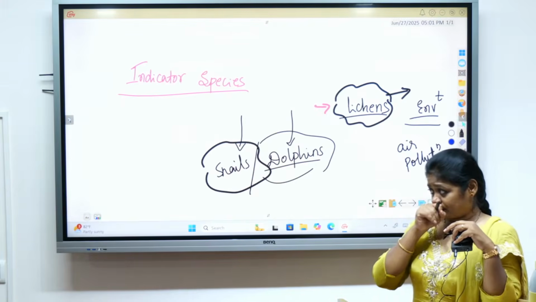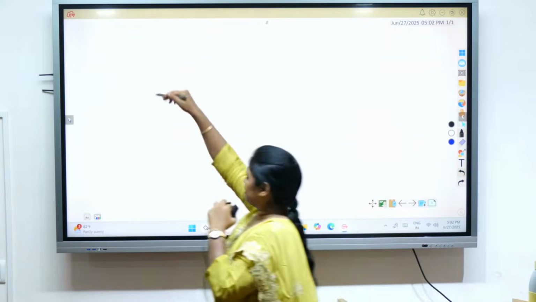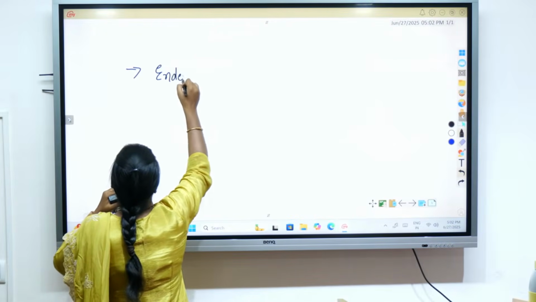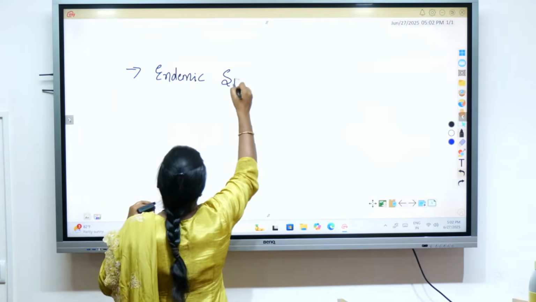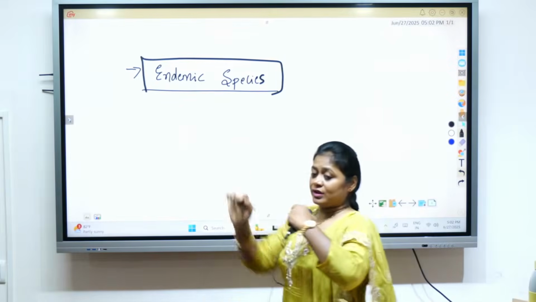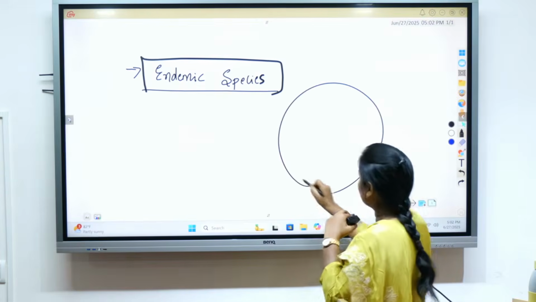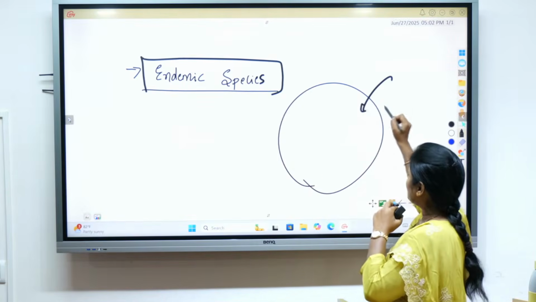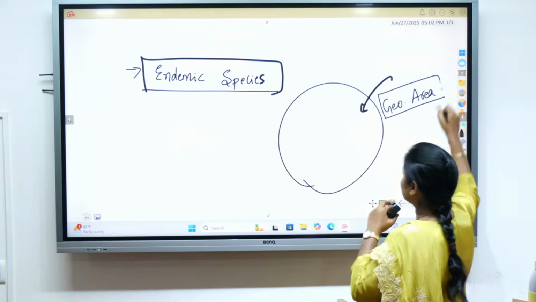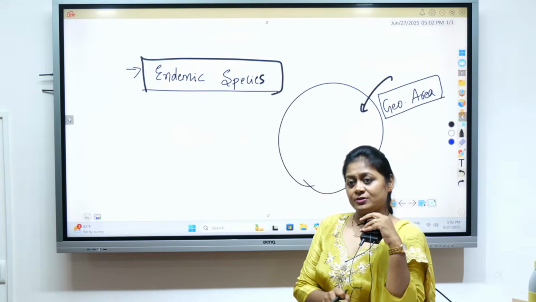Next, endemic species. I keep telling you, you should know these words before studying the biodiversity chapter. Endemic species are those which are found in a particular geographical area, confined to that area. They are found nowhere else across the world, so they are said to be endemic species.